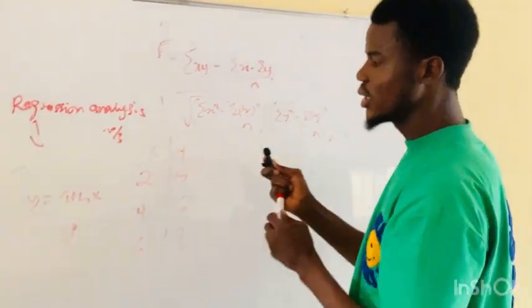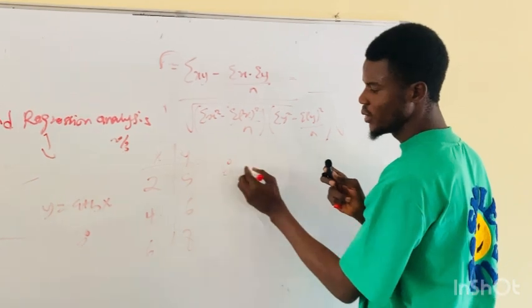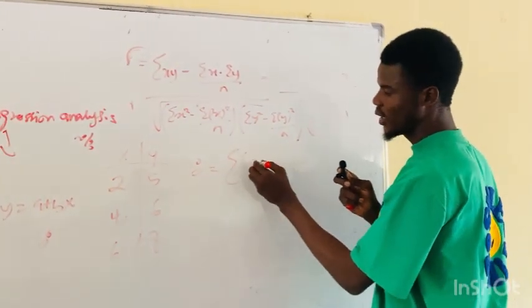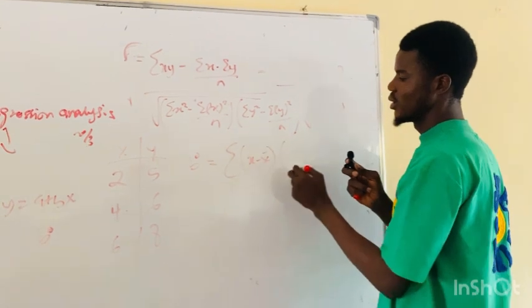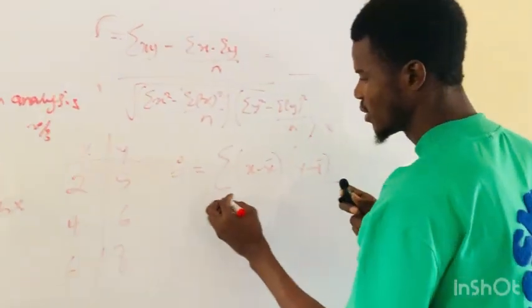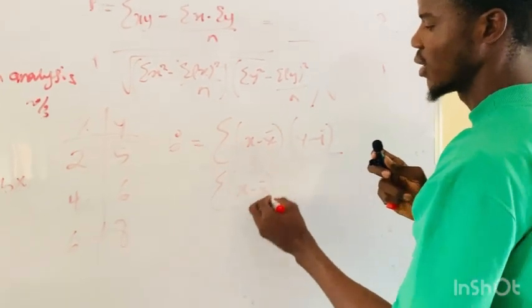So to calculate this, firstly we have to know our value of b. The formula for b is equal to summation of x minus x bar, then y minus y bar, all divided by sigma x minus x bar square.